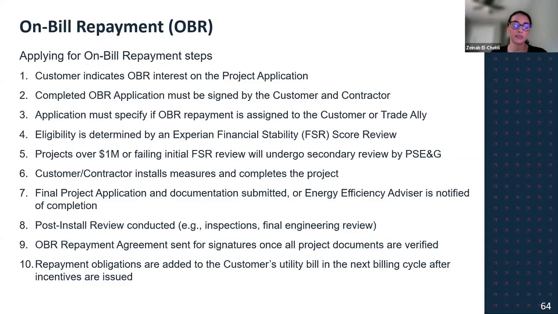So it is the signed document for the finalization of the OBR. The repayment obligations can be added to the customer's utility bill in the next billing cycle after we issue the incentive checks to either you or the customer, depending on who is meant to be the payee to receive payment.